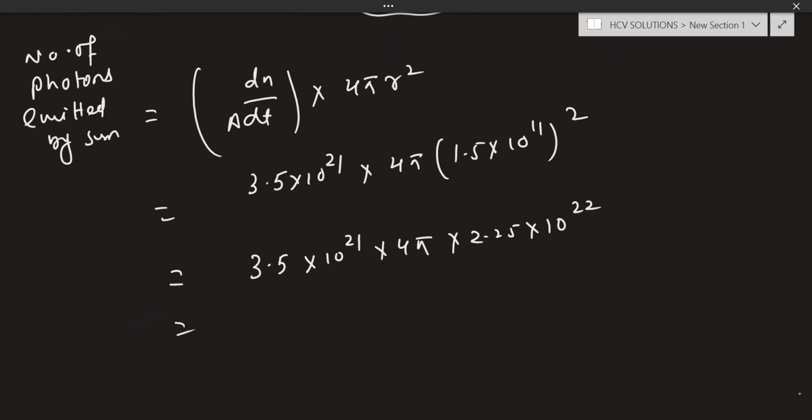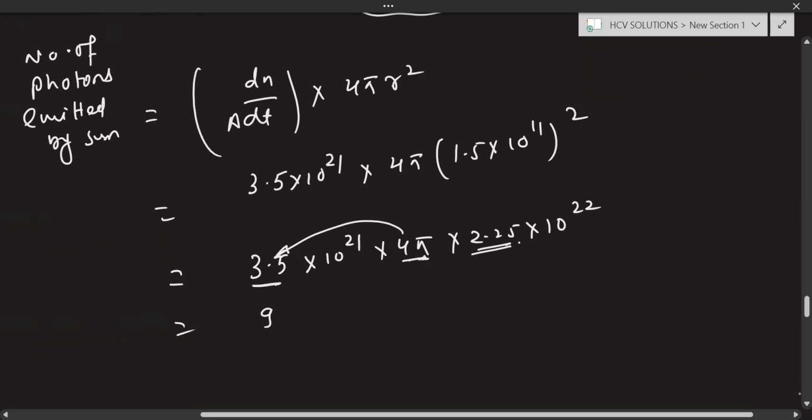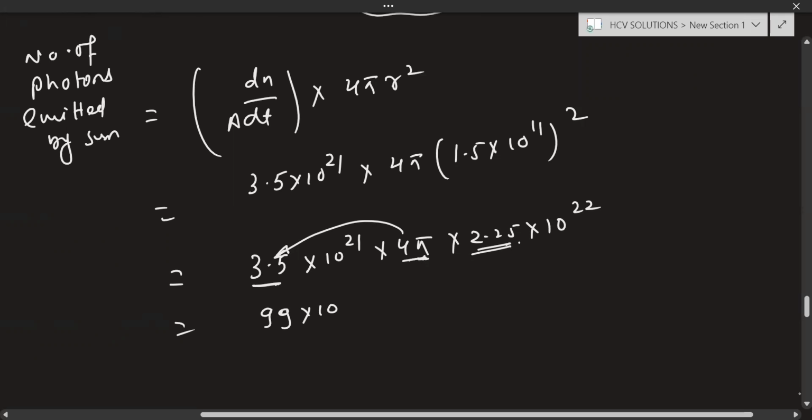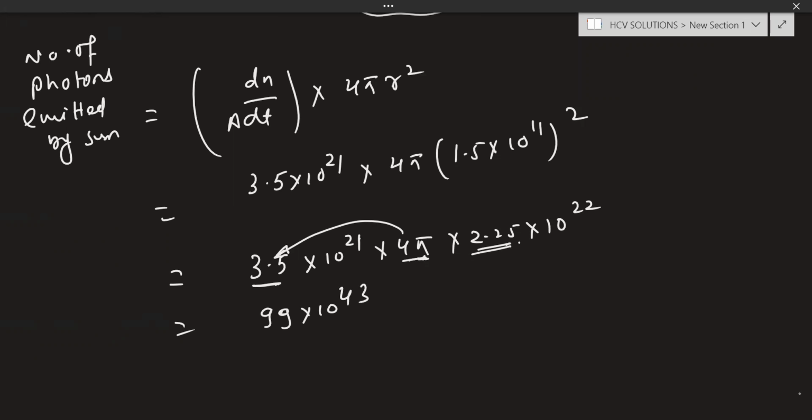Now multiply 3.5 by 4, 3.14, and 2.25. It comes out to almost 99 times 10 to the power 43, so arranged, about 10 to the power 45 photons. That many photons are emitted by the sun per second. Thank you, everyone.